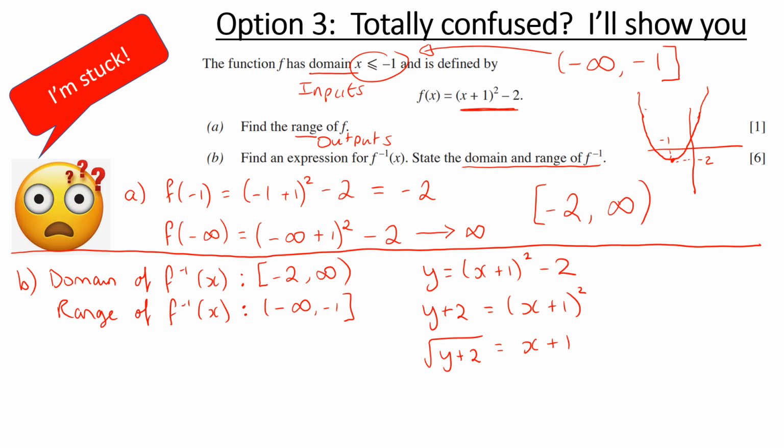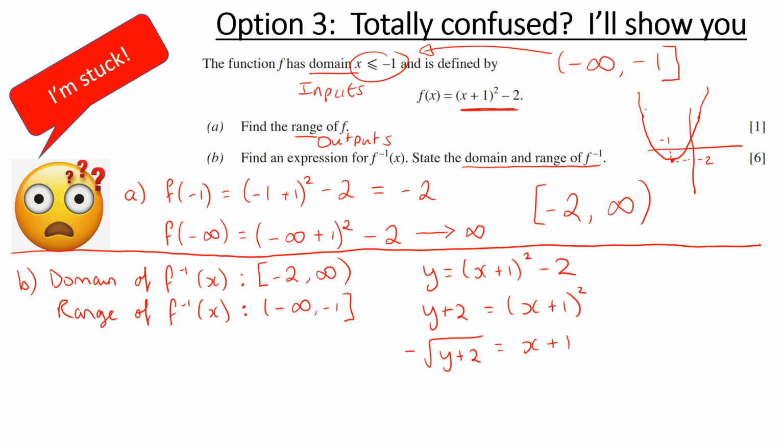Now, the outputs of this function, if you look here, the range of this inverse function has to be negative. So the only way that I'm going to make this have negative outputs is if I take the negative square root. And that's a step that I would expect a lot of students would fall down on and would miss out. It's quite a tricky step there to realise.